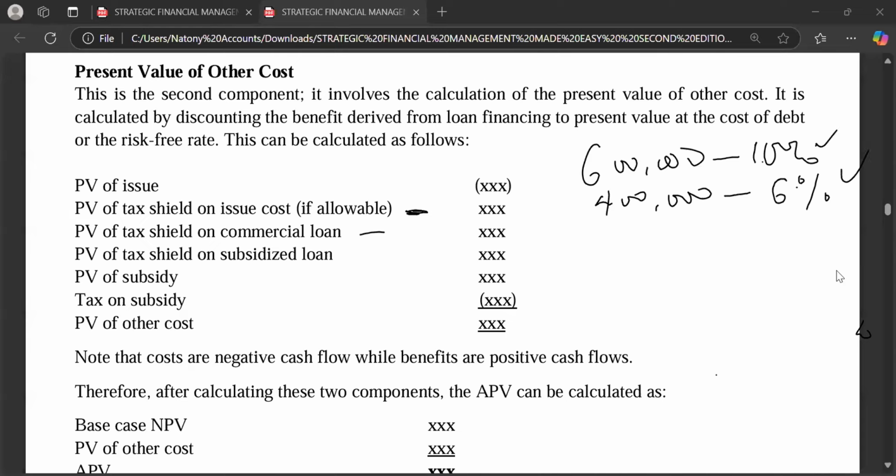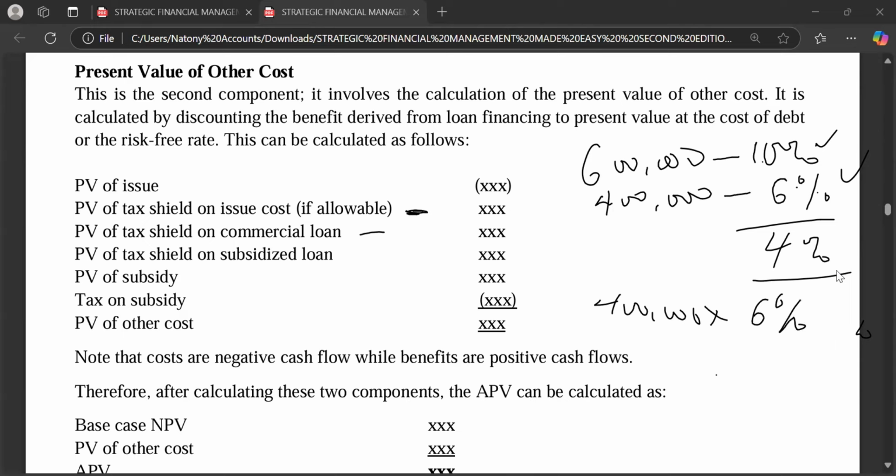So there's a subsidy element, which is 4%. So the interest on the subsidized loan will be lower than the interest on the commercial loan, which will now be 400 multiplied by 6%. That will be the interest.